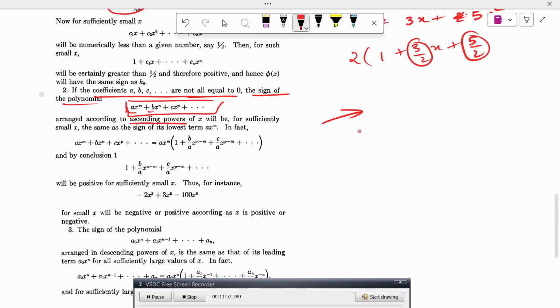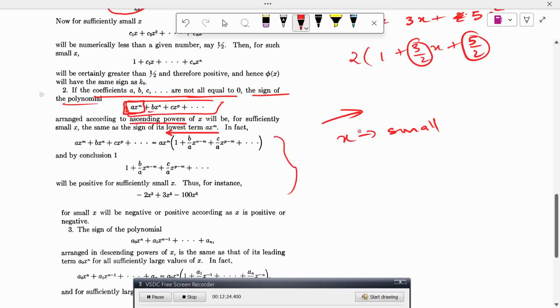It depends upon this lowest, the smallest x power term, right? For sufficiently small x, again here also x is small, the value of the polynomial depends upon the lowest term of x power. That will be the result.